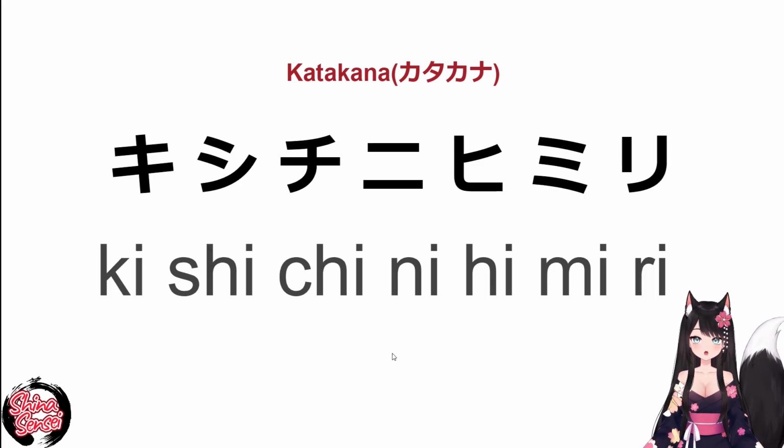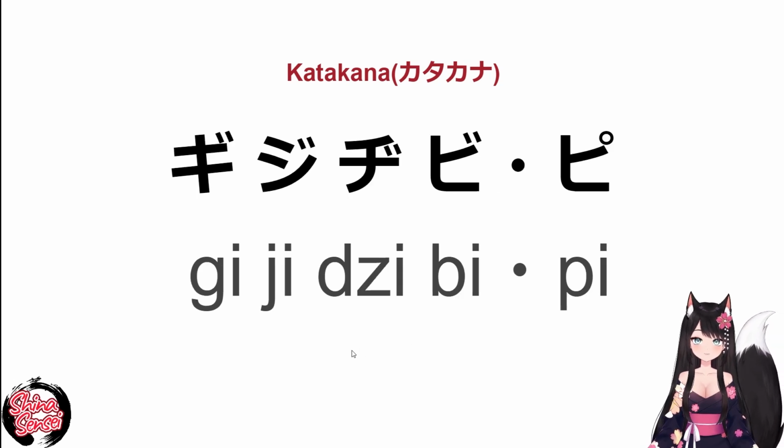Then we have the consonants with the i sound. Remember, we don't call it an "ee" as in English, we call it an i. We have ki, shi, chi, ni, hi, mi, and ri. And with the modifiers, we have gi, ji, ji, bi, pi. Like we saw in hiragana, remember that despite being written differently in romaji, that means in our letters, these two are pronounced the same.